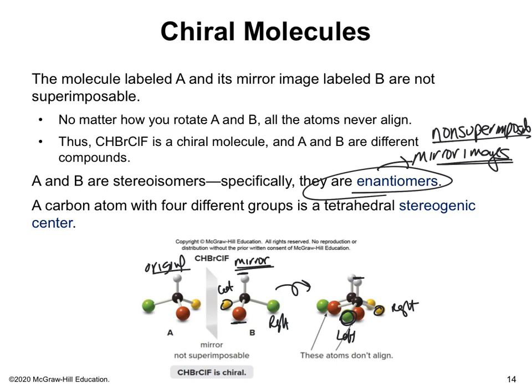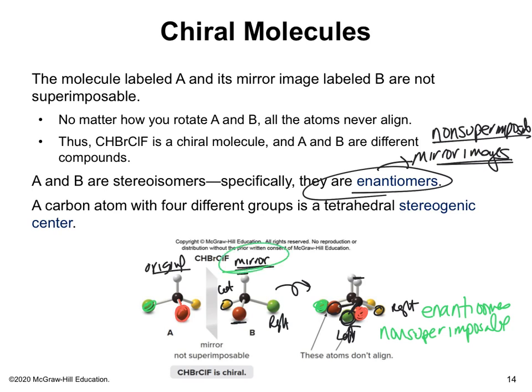Now you'll see that these are not superimposable, because the green is coming at you and the red is going back, while in the original the red is coming at you and the green is going back. That makes them non-superimposable. And if they're non-superimposable mirror images of each other, they're enantiomers. So I can look at this molecule and say it definitely has a mirror image, and they are definitely enantiomers.